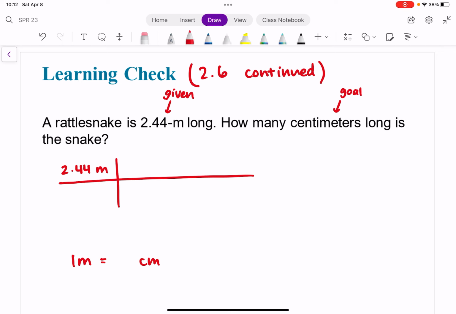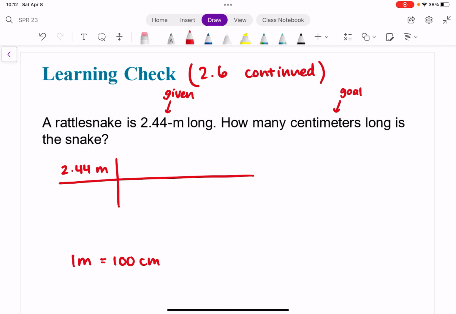Yeah, 100 goes in there. So 100 centimeters are in 1 meter. You could have also said that 1 centimeter is 0.01 meters, or 10 to the minus 2. You could have also put 10 to the positive 2 up here. But let's go with my original one because I find that easier.